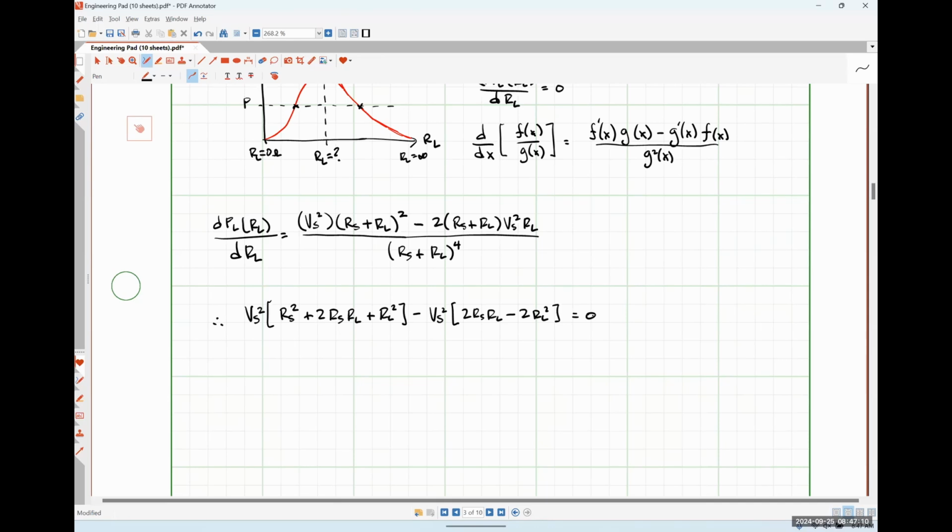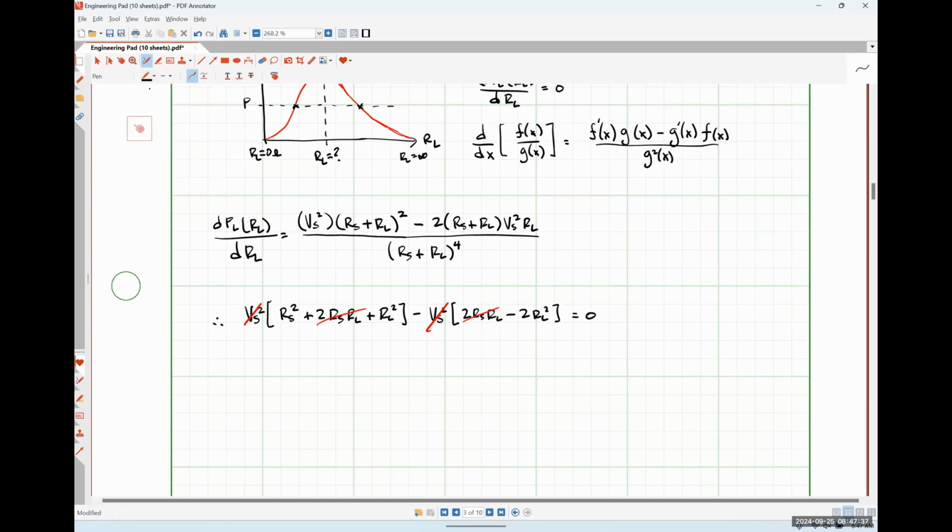Okay, so rather obviously, the VS squares on both sides there cancel out, right? I could divide both sides by VS squared and I'd still have the same relationship. I have a plus 2 RS RL and a minus 2 RS RL, so those go away. I have a plus RL squared and a minus 2 RL squared.